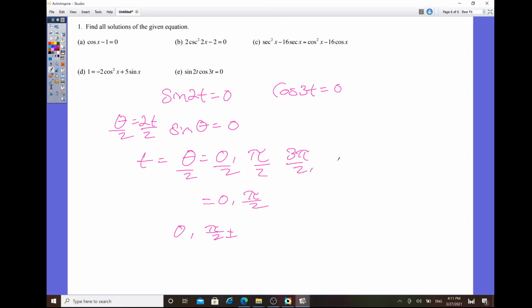Okay, and also pi. So pi over 2, 3 pi over 2, and also 4 pi over 2. Okay, so on and so forth. So that means we got 0, pi over 2, 3 pi over 2, and then 2 pi.